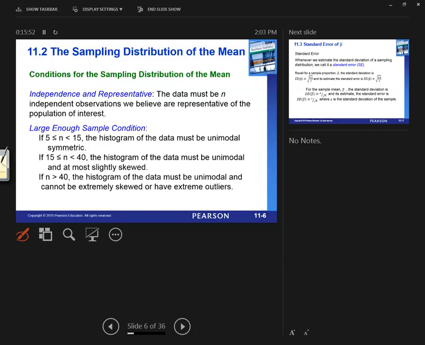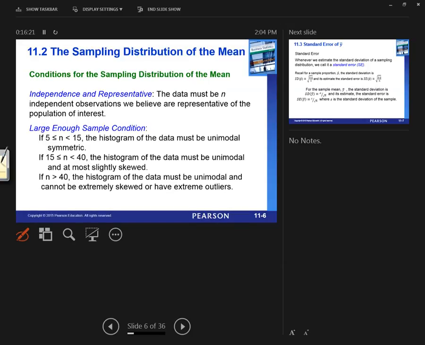We need an independent sample, meaning the observations are independent of each other, and we need a sample that we believe is representative of the entire population we're interested in. So we don't want convenience samples that leave out portions of the population. We don't want voluntary response samples. Random samples will take care of this. If I have a random sample, then by definition it'll be independent and representative.